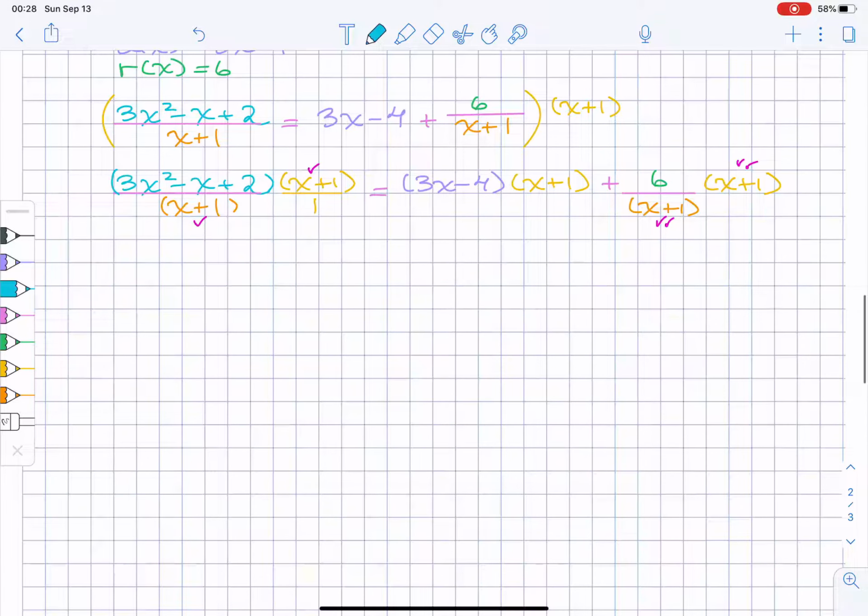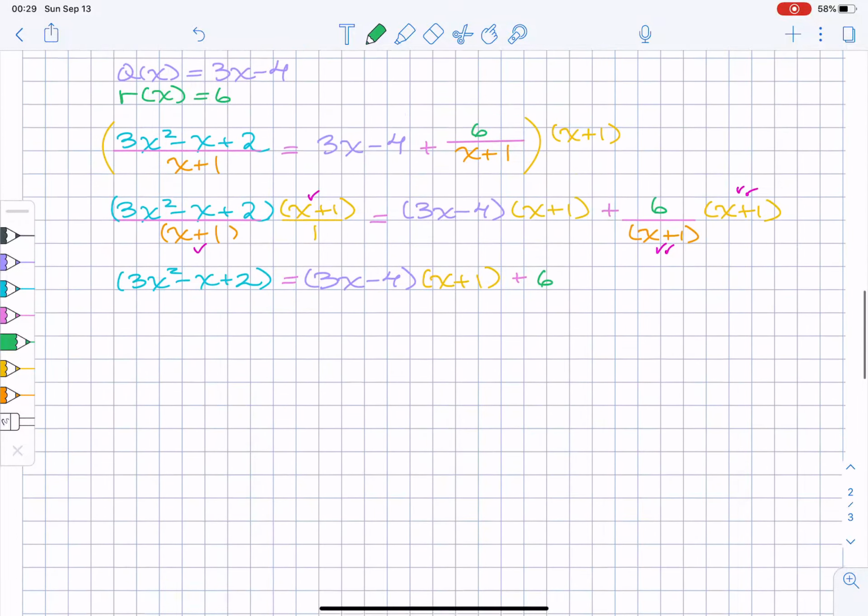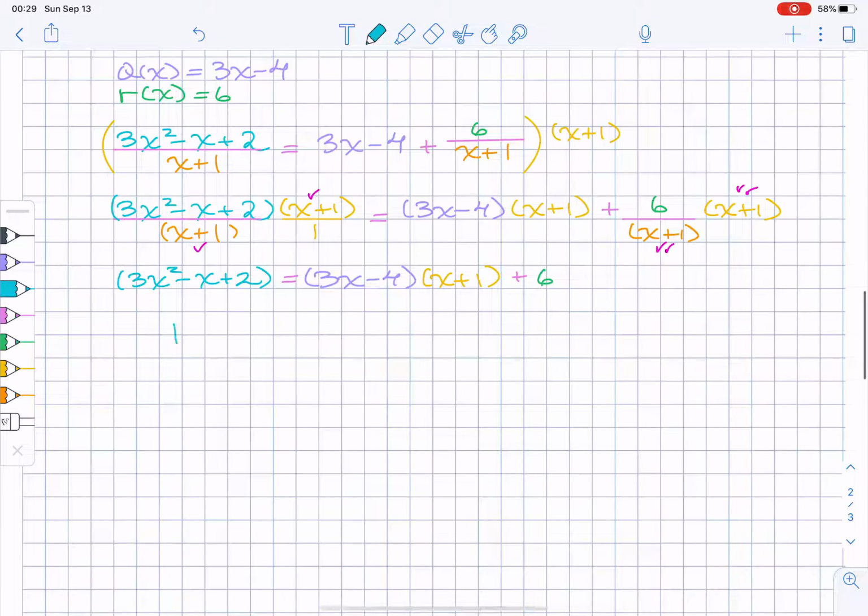So we get that 3x squared minus x plus 2 can be written as 3x minus 4 times x plus 1 plus 6. So what is that in terms of what we have here? Well, the blue guy was our p of x, the polynomial we're dividing.